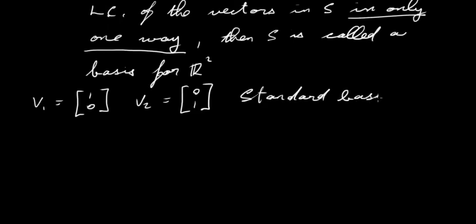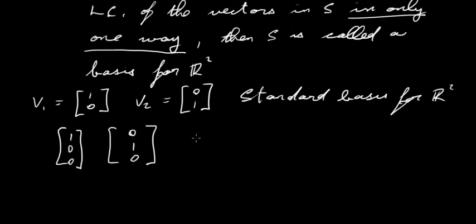For R3 you would have (1, 0, 0), (0, 1, 0), and (0, 0, 1). This would be your standard basis for R3, and so on.